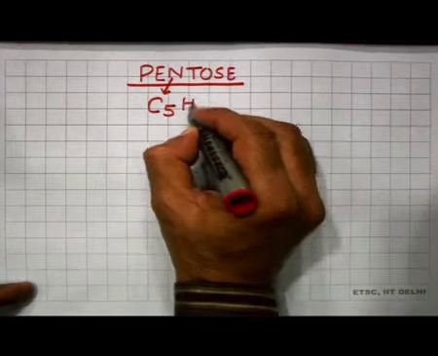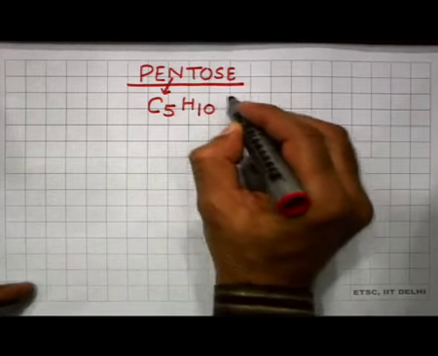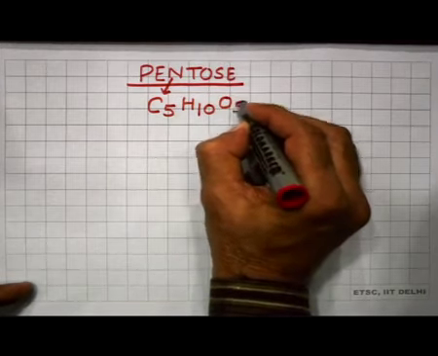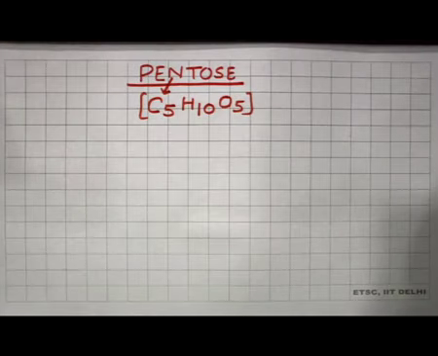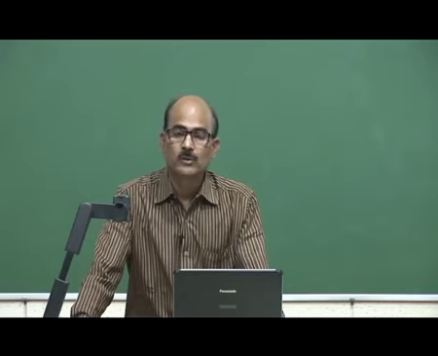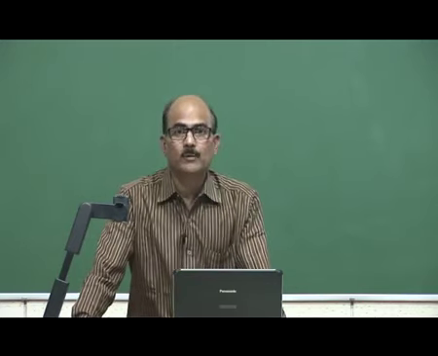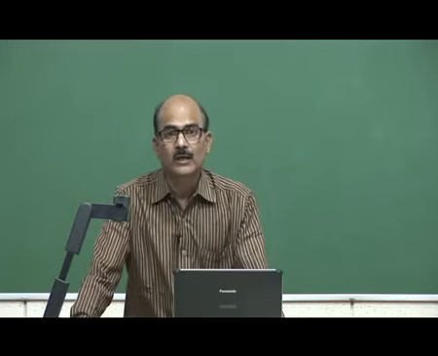H will be 10 and O will be 5. These pentose sugars are very important in molecular genetics, because DNA and RNA consist of pentose sugar. DNA contains deoxyribose sugar and RNA contains ribose sugar.